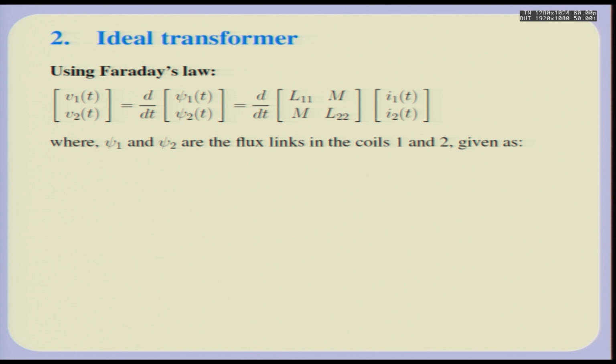If you try to write these equations for an ideal transformer, we will define a new quantity called flux linked. Flux is B dot ds over the surface bounded by the curve on which the voltage is induced, or the electric field E dot dl is induced.